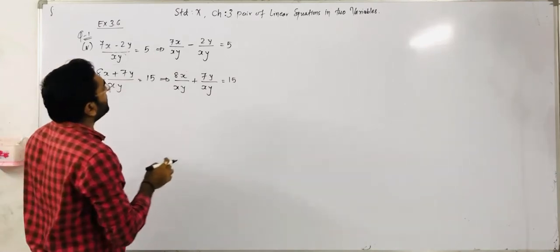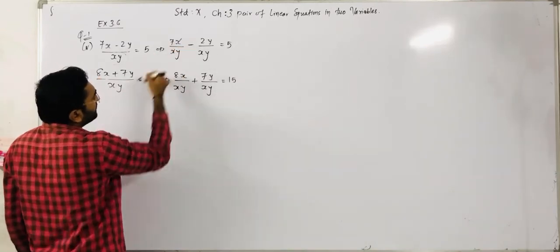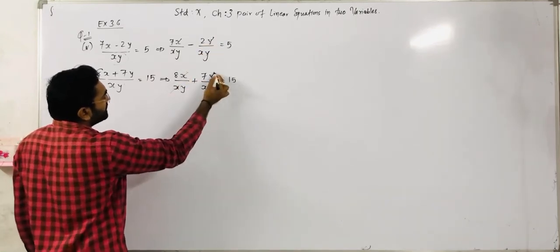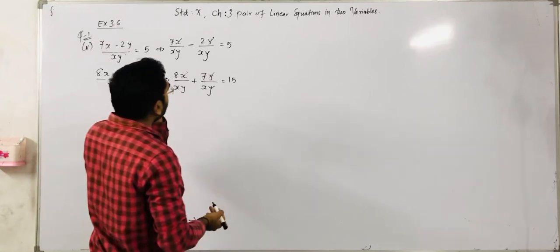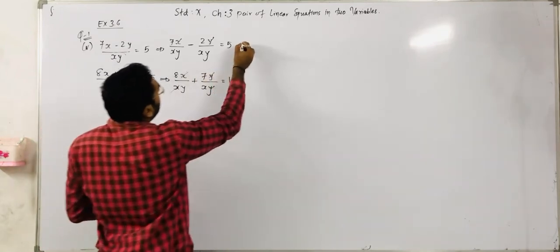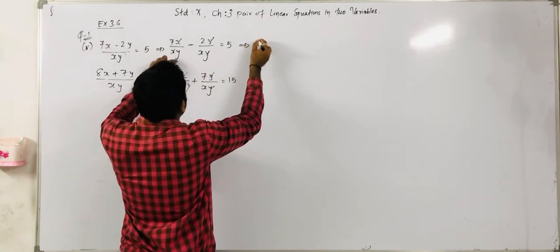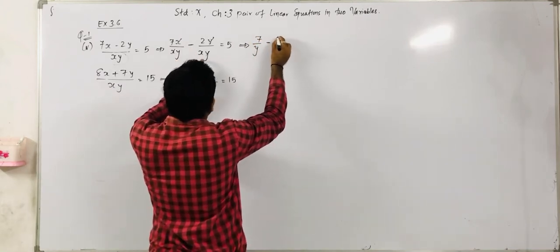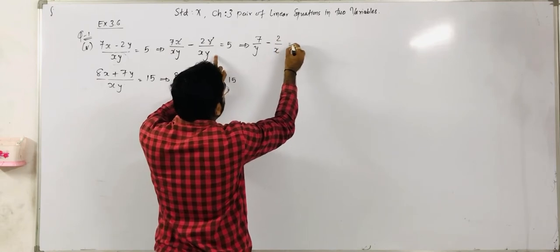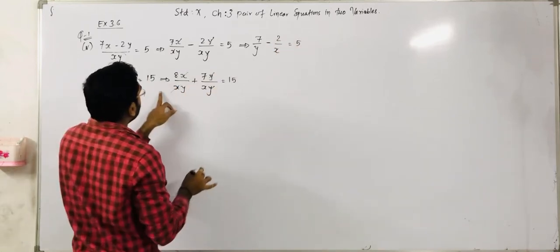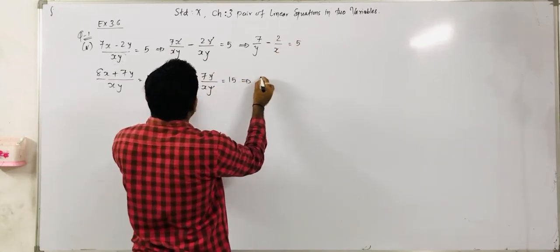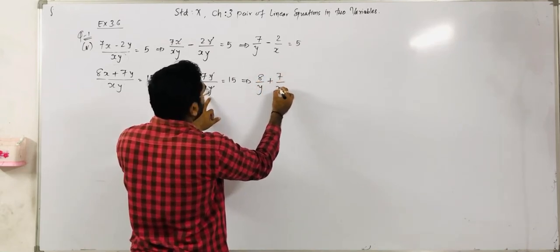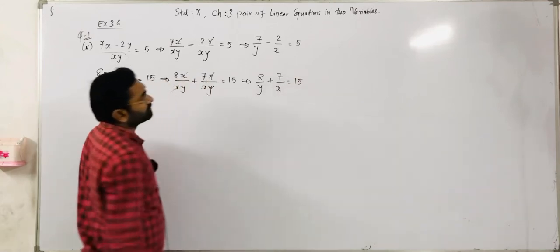Here x cancels out, y cancels out, and the same way in the other. So now the equations are 7 upon y minus 2 upon x is equal to 5, and 8 upon y plus 7 upon x is equal to 15.